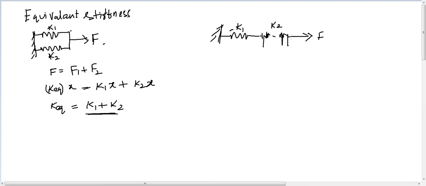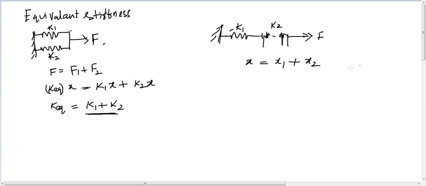Whatever force we are applying here, F, k1 is also seeing that same force and k2 is also seeing the same force, but the total deflection at the location of force application is nothing but the deflections in the individual springs, x1 plus x2.